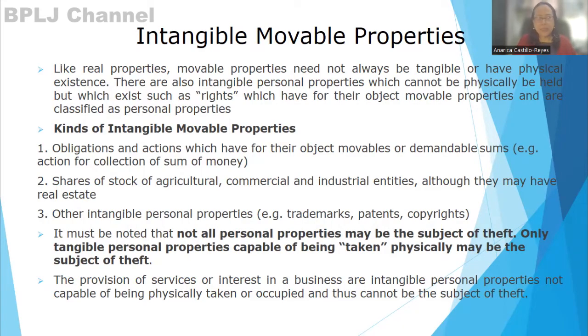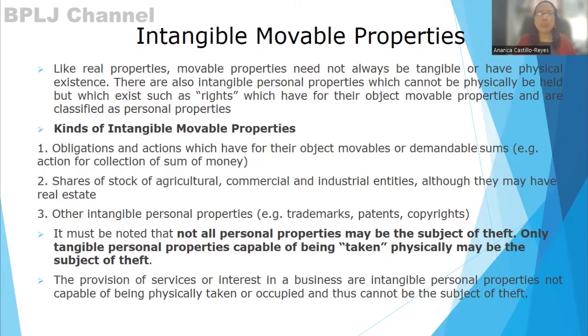The kinds of intangible movable properties are obligations and actions which have for their objects movables or demandable sums. Examples of which are an action for collection of a sum of money, shares of stocks, and other intangible personal property such as trademarks, patents, and copyrights.